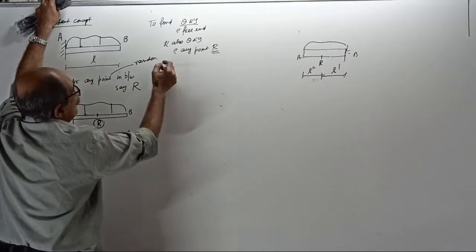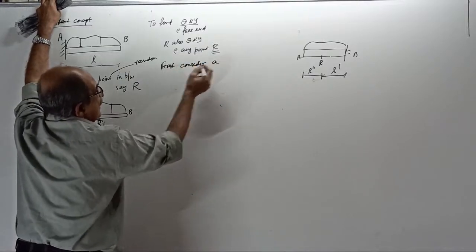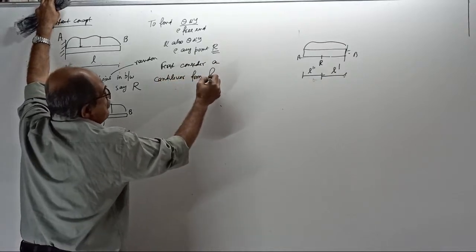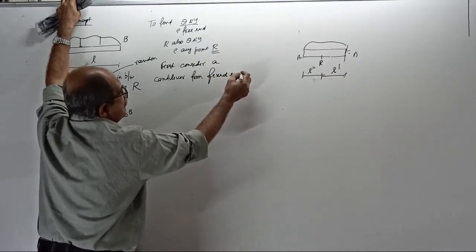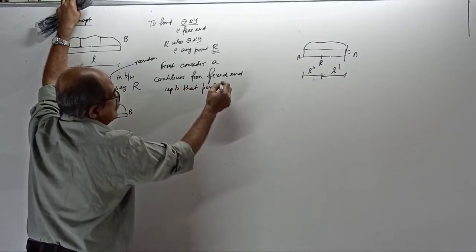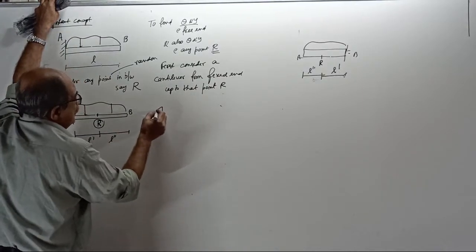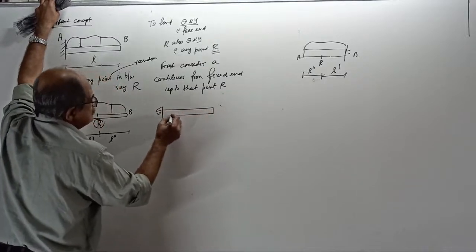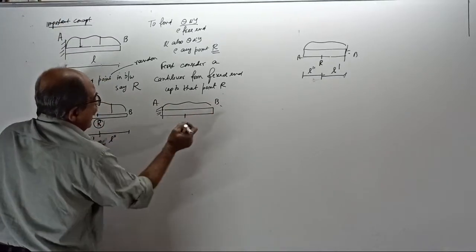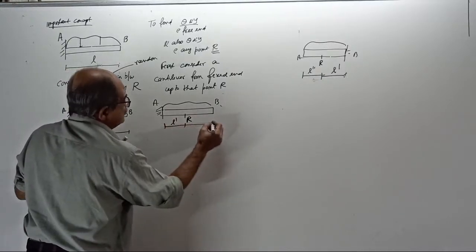Now, what you do first is consider a cantilever from the fixed end, very important, up to that point R. This is my original; this is A, don't memorize AB. This is the point R. This I am taking as L dash, and the remaining is L double dash.